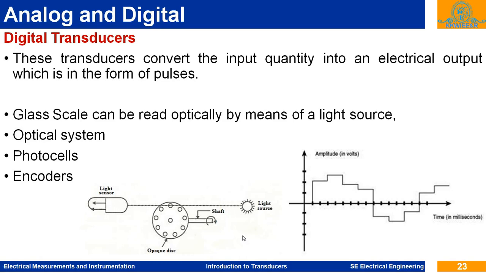Here is another example. There is a light source, and an opaque disc with holes. At the other end of the disc a light sensor is placed. Between the light source and the light sensor, this disc is rotating, and the sensor will generate pulses.